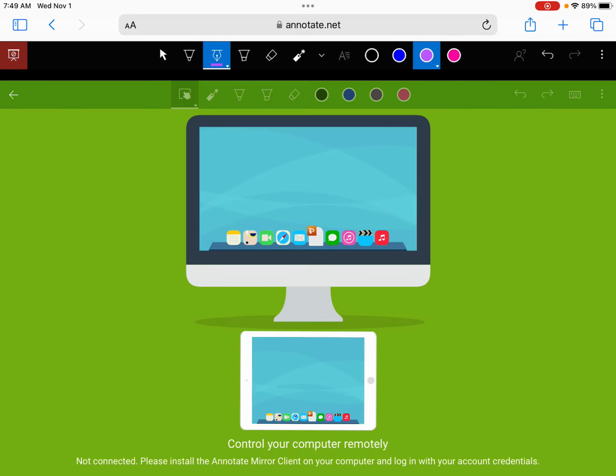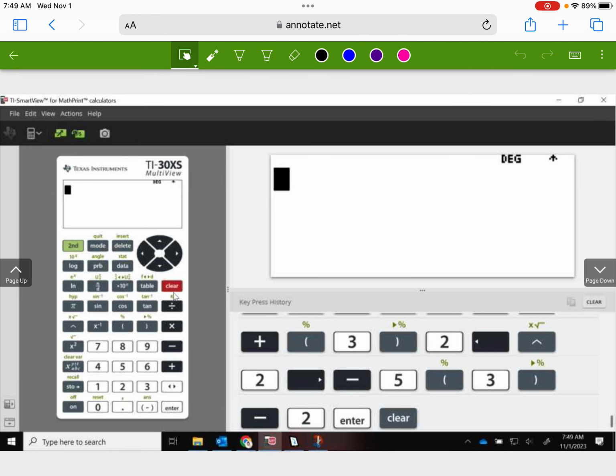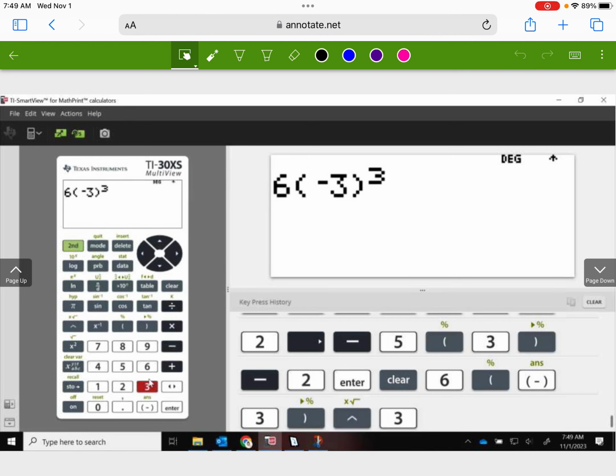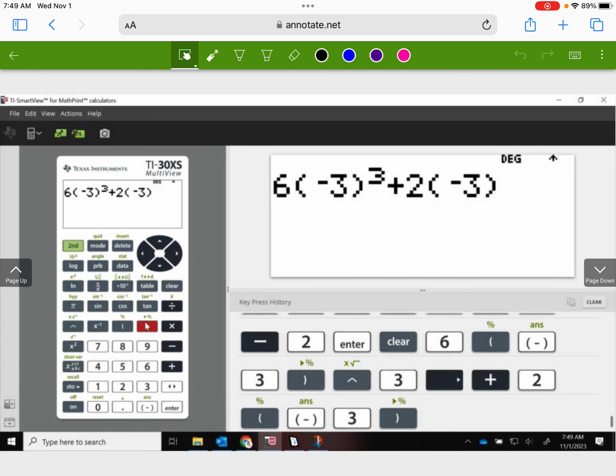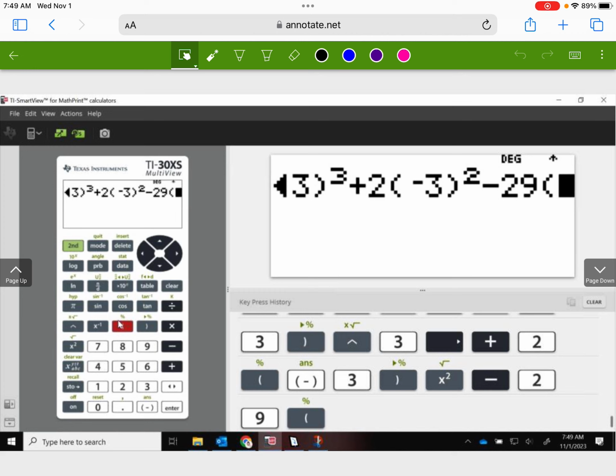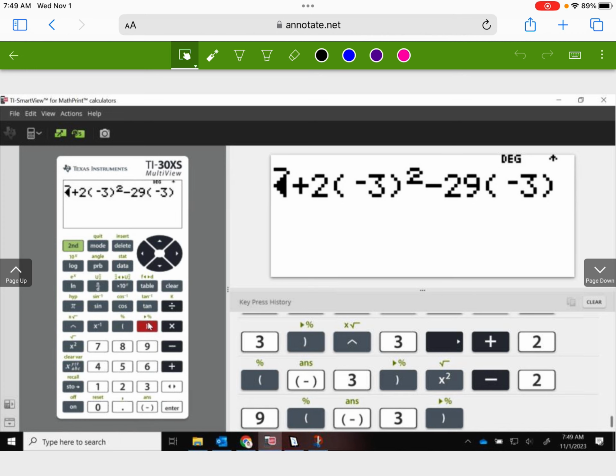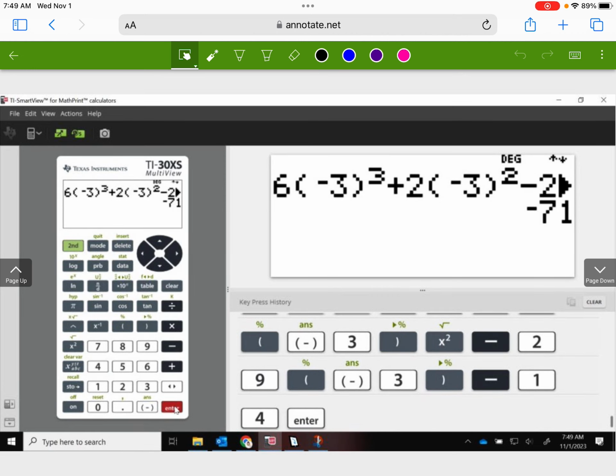So let's start with -3. I have 6 times -3 to the third plus 2 times -3 squared minus 29 times -3 minus 14. And we get -71. Holy cow.